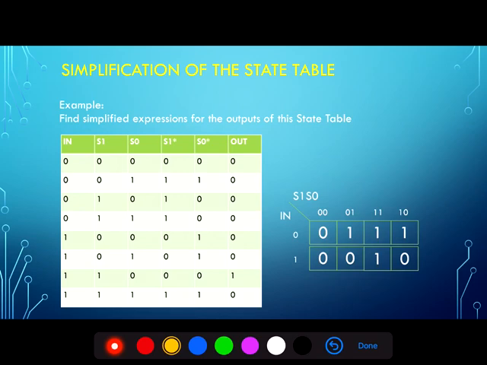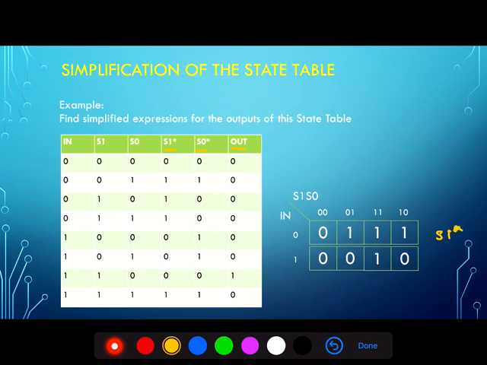Now once we have a fully realized state table, we can go ahead and simplify the expressions for the next state of S1, the next state of S0, and out using conventional techniques, in this case Karnaugh maps. Shown here is the Karnaugh map for the next state of S1, also known as S1 star.